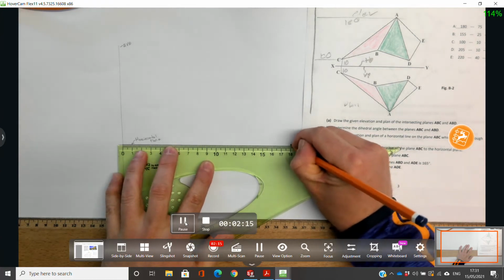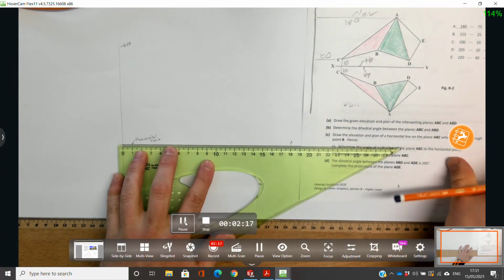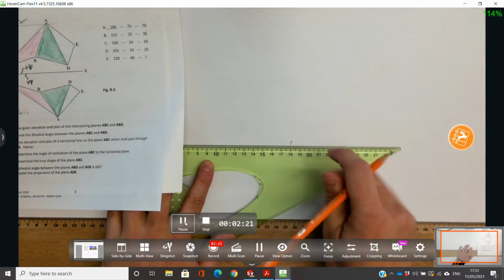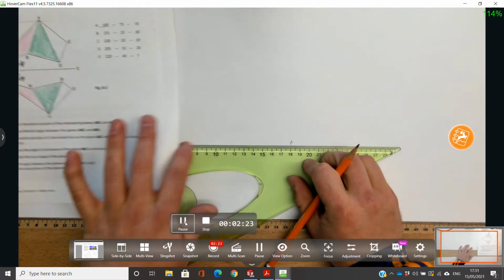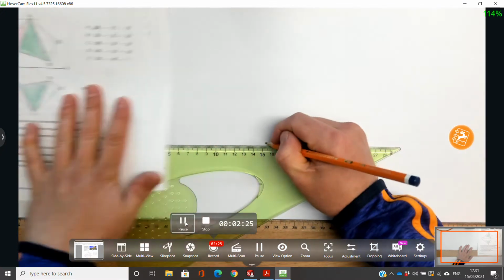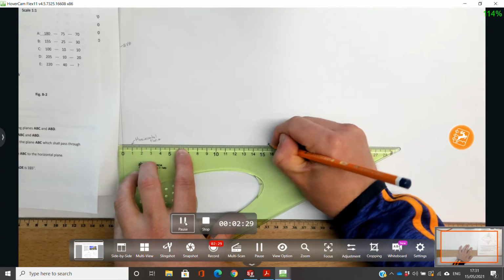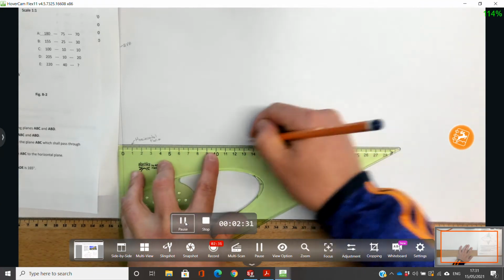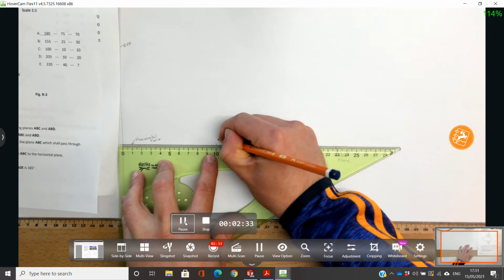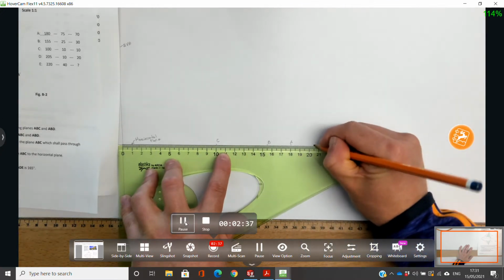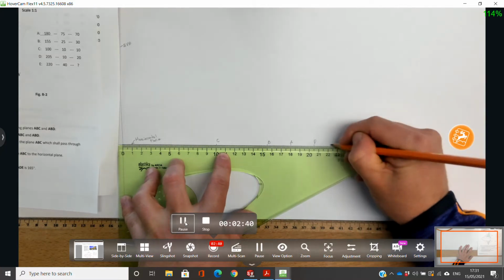A, 180. B is 155. C is 100. D 205. E 220.